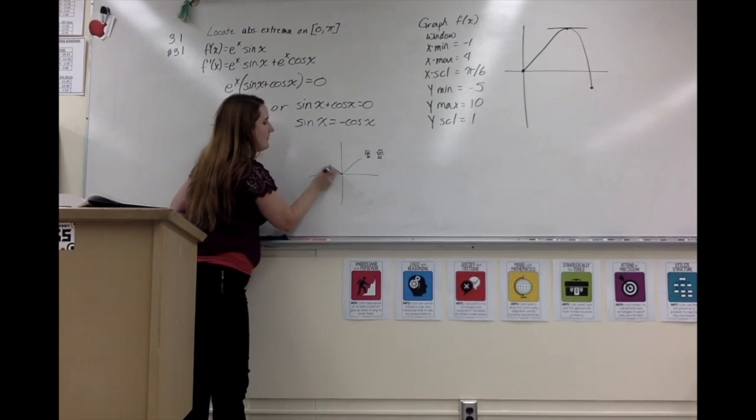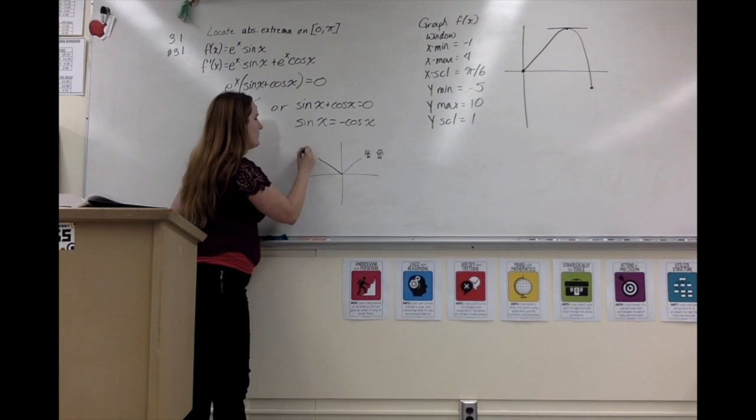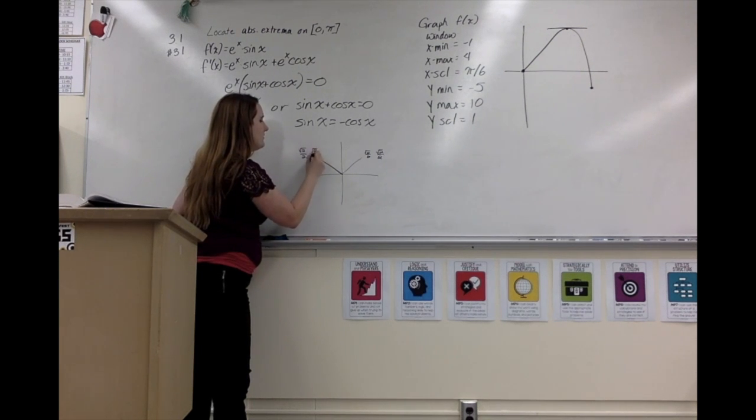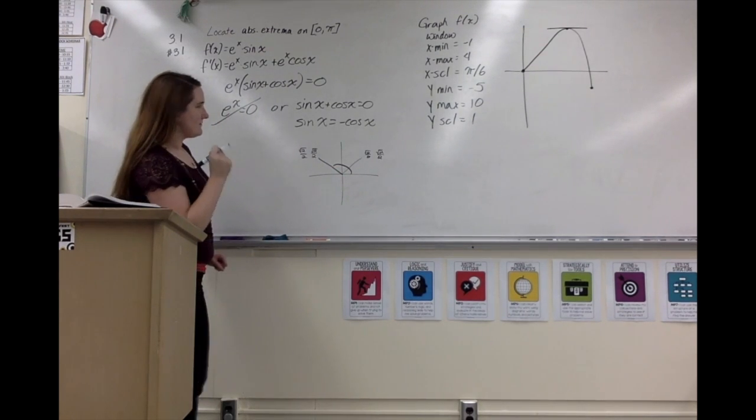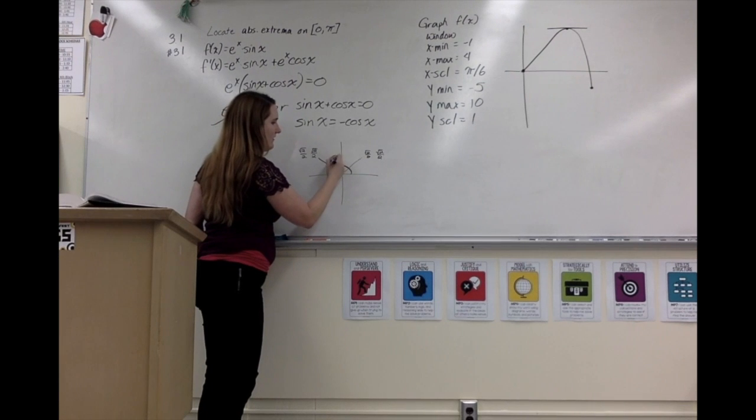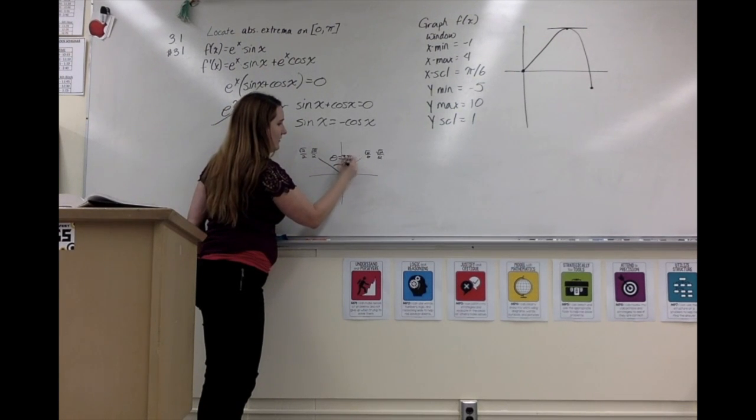But over here, the 45 on the other side, root 2 over 2 and negative root 2 over 2. So how many radians is that? 3 pi over 4. Yep. Okay, so x equals 3 pi over 4.